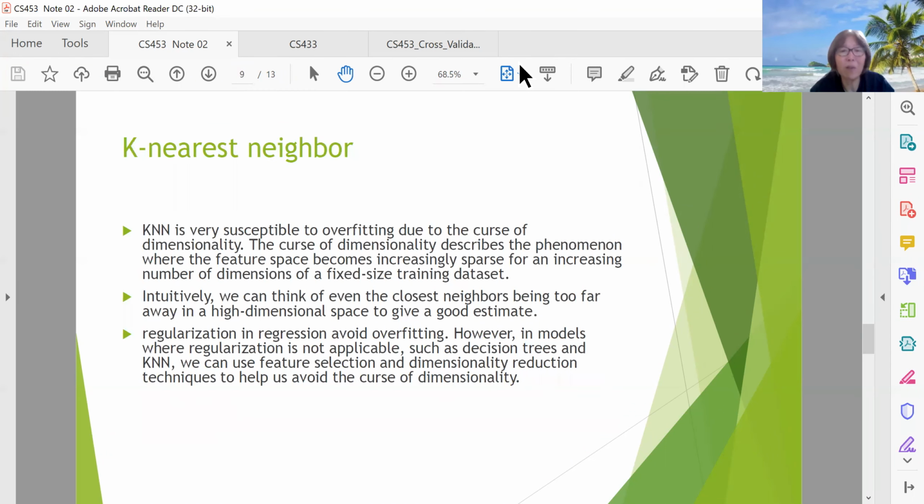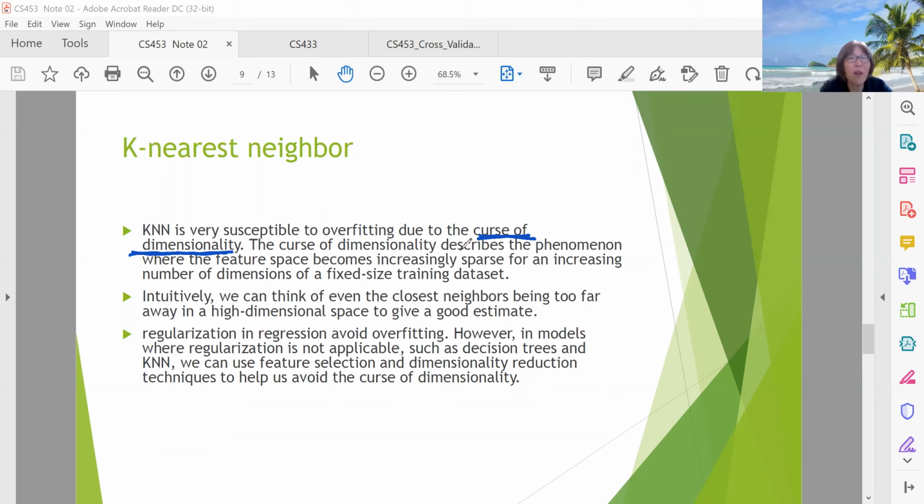Next I want to discuss overfitting. KNN is very susceptible to overfitting because of the so-called curse of dimensionality. Just keep this term in mind: curse of dimensionality.